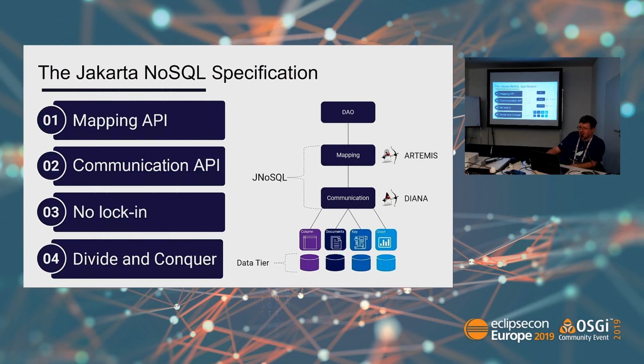So that's why Jakarta NoSQL aims at a new approach, where we may find certain common parts with JPA in the future, but as such, it does not intend to use JPA completely.